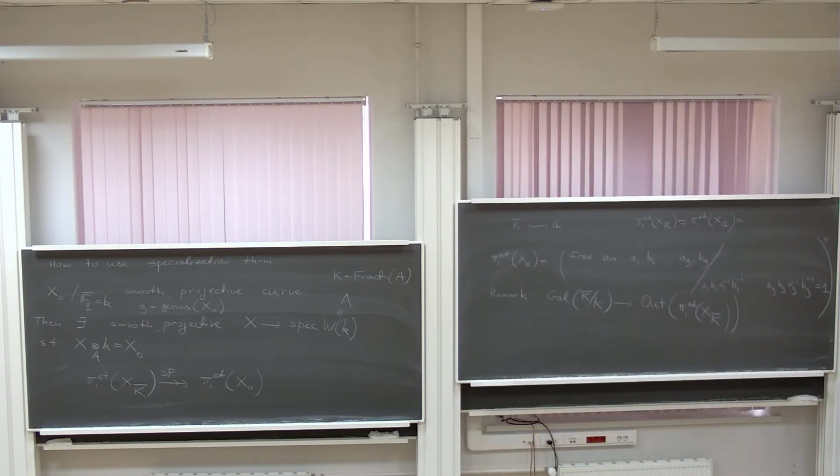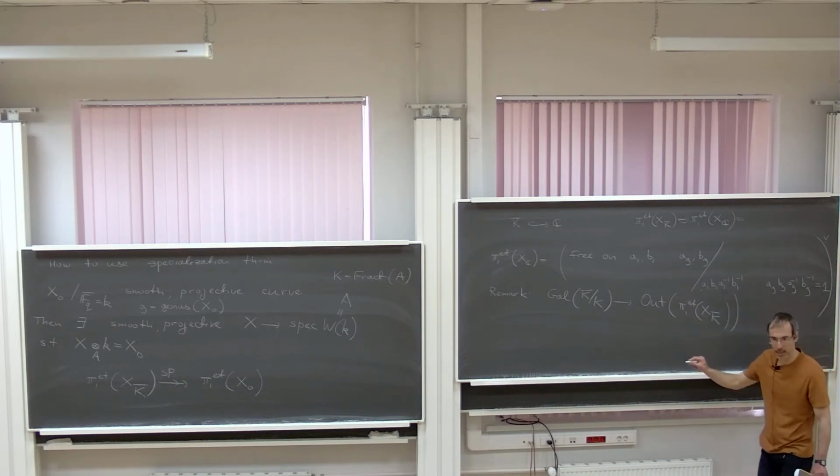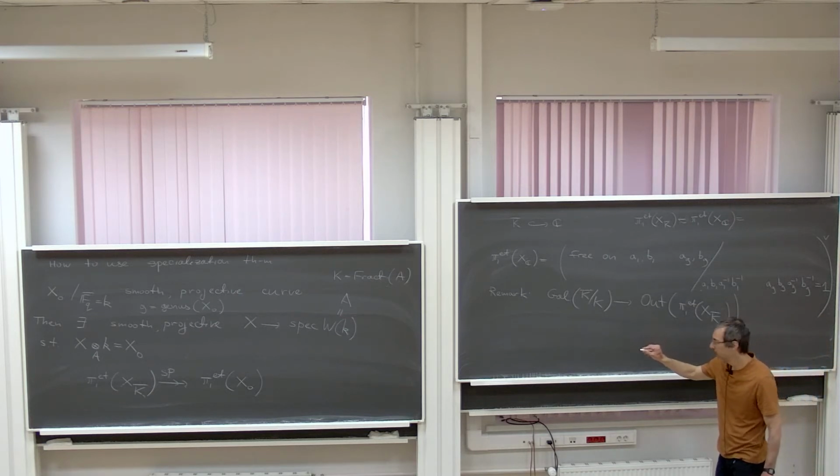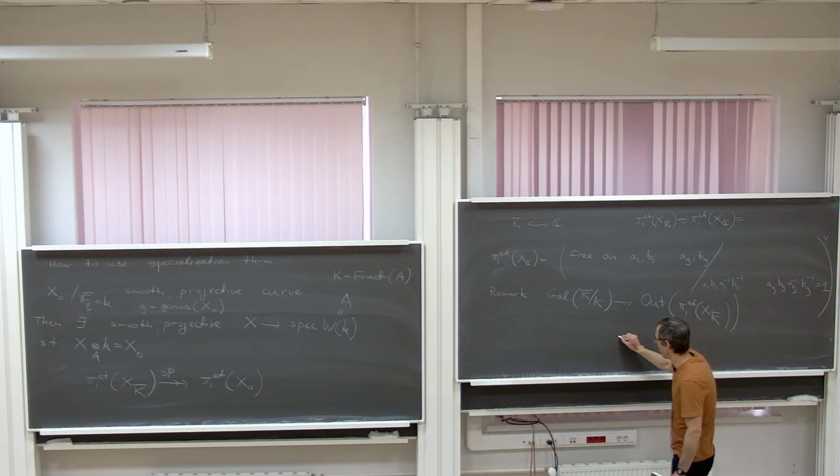Okay, so another way of seeing this action is via the last exercise from the homework assignment. So here is the last exercise. You can take the fundamental group of X_k bar.